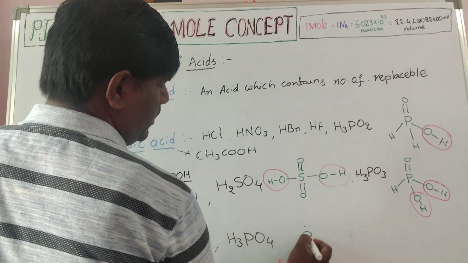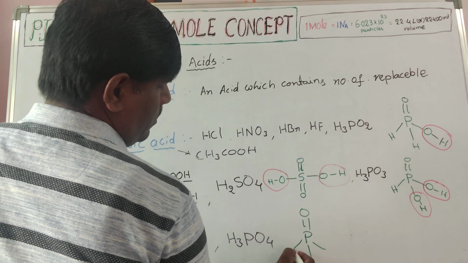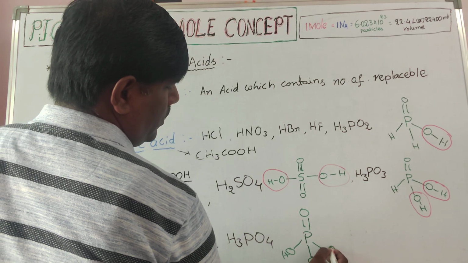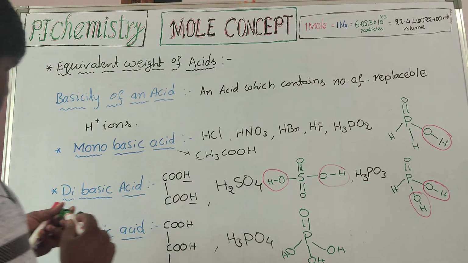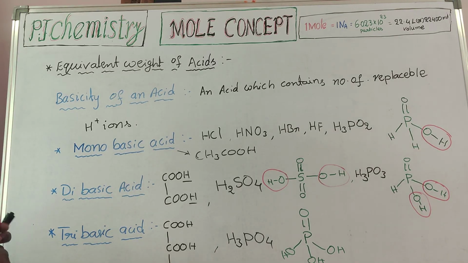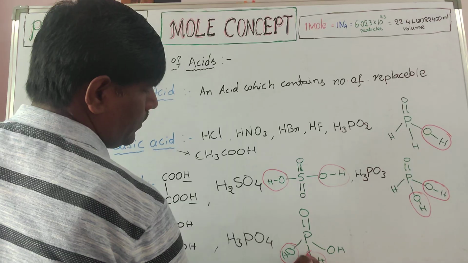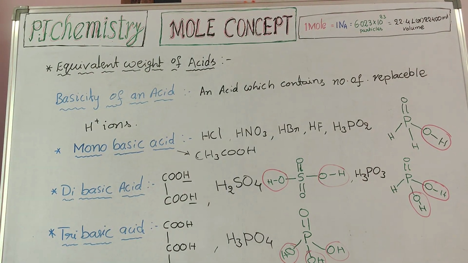Phosphoric acid structure: OH, OH, OH. So total 3 replaceable hydrogen ions are there. So its basicity is 3. Tribasic acid.